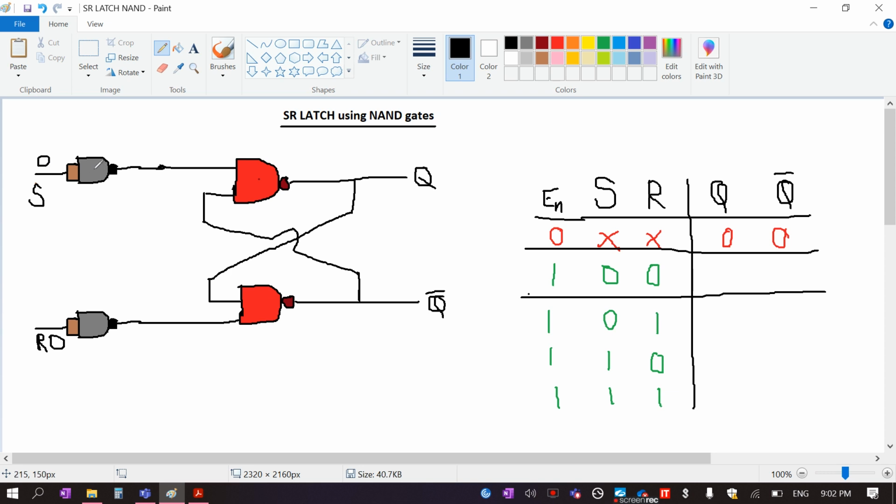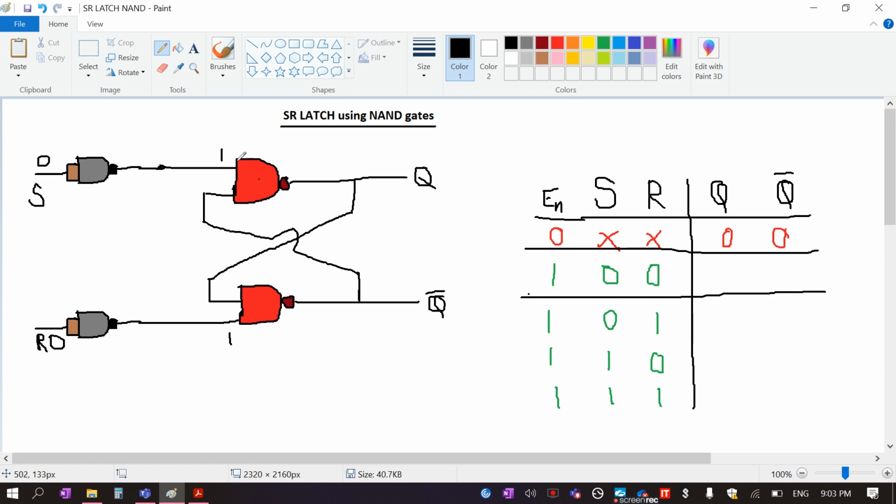When you transfer the data from the 0 0 through the NOT gate, it will be copied here. 0 will be transferred via NOT and it will be 1. Again 0 will be transferred via the NOT gate and again it will be 1. So in this case 1 is high and this one is also high.